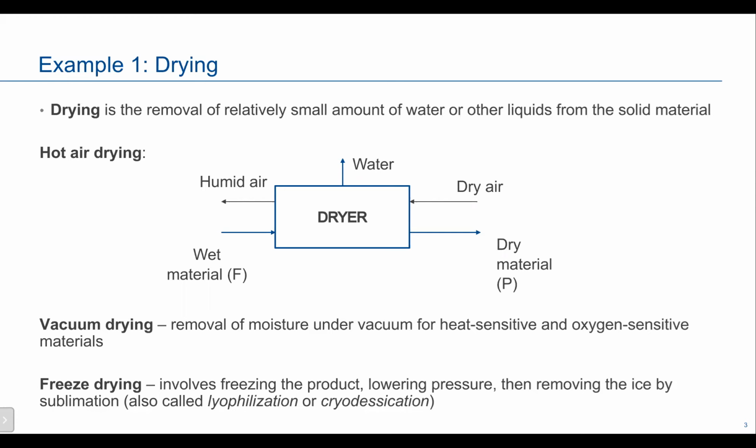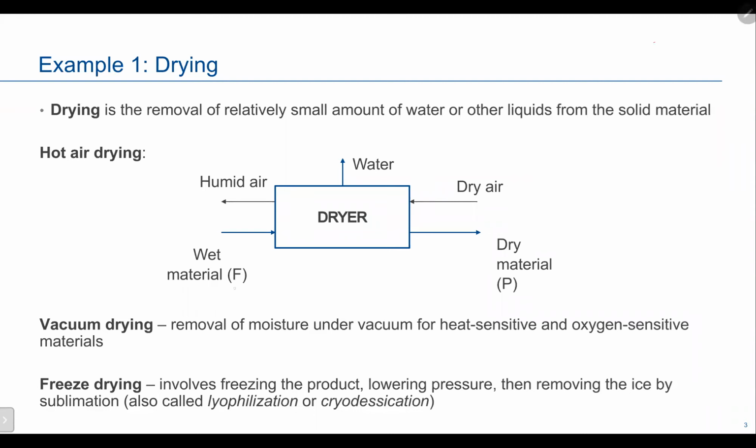Okay? So, normally, ang drying ay ginagawa siya using hot air drying na nakikita natin dito sa diagram. So you have your dryer. So ito yung tinatawag natin, or is an example of a flow chart, okay? Or a process flow diagram. So sa drying, specifically for hot air drying, okay, you have your wet material here, okay?